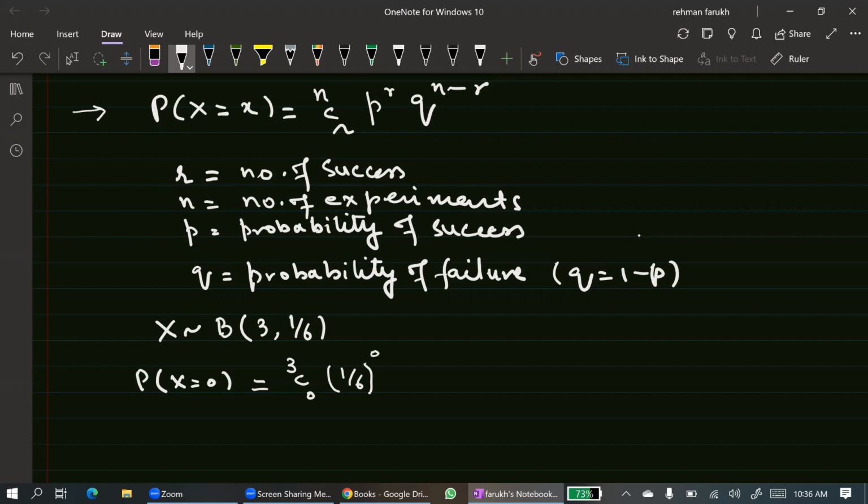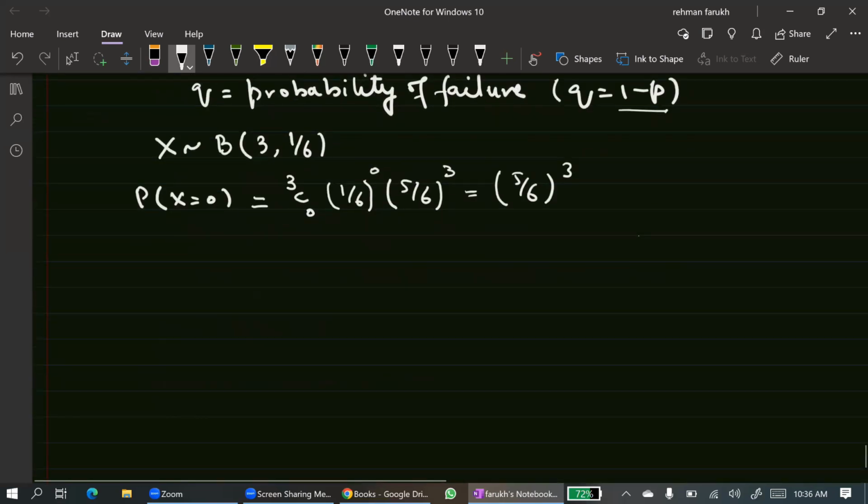And q power, q is 1 minus p, 1 minus 1 by 6 is 5 by 6. 5 by 6 power n minus r, 3 minus 0, that is 3. 5 by 6 power 3.